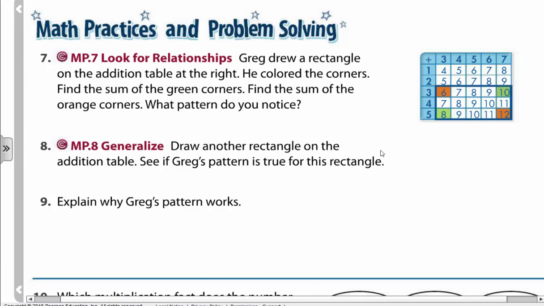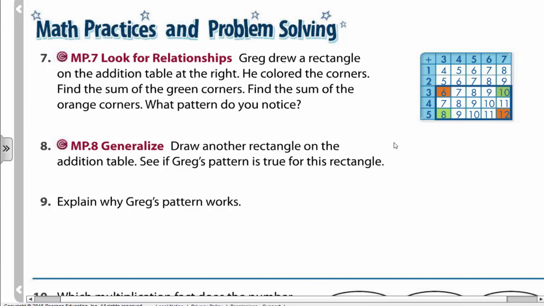Yes, teacher. Okay, Rida, read the question, please. On the table at the right, Greg drew a rectangle on the addition table at the right. Can you see the rectangle?